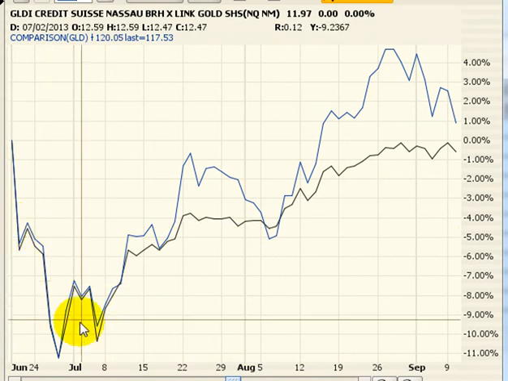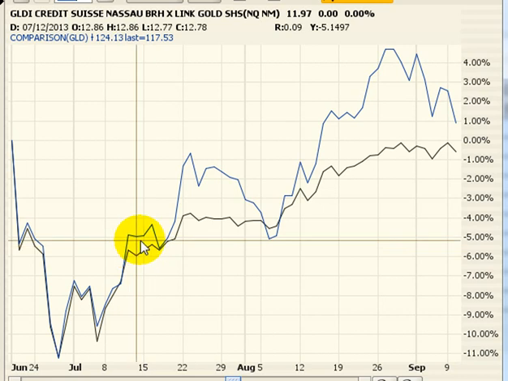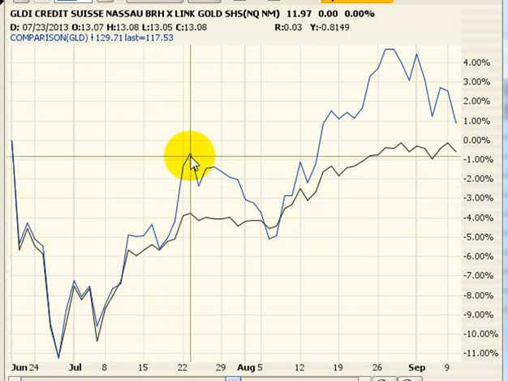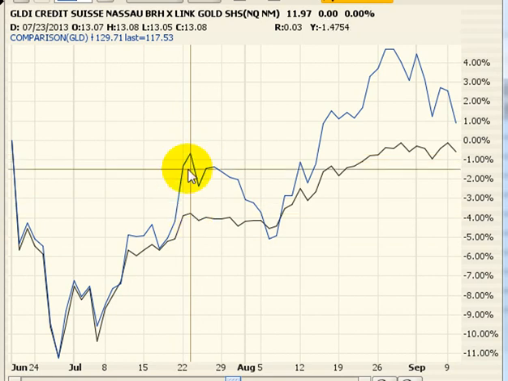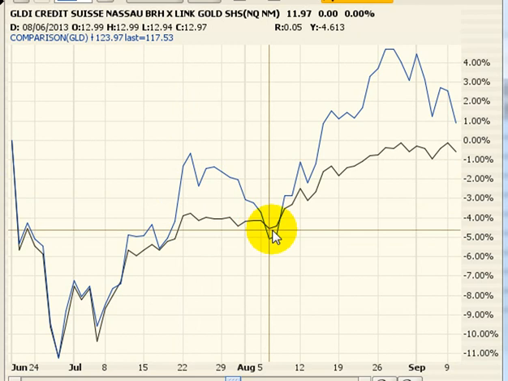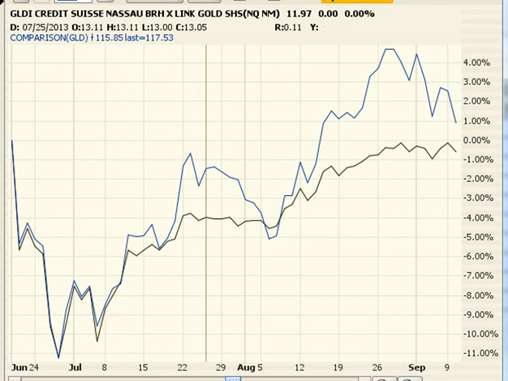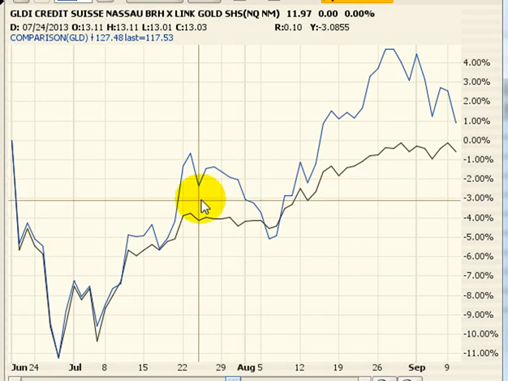So it's a one-to-one relationship, right? Tight coupling. Here you get a little spurt up, a little difference, and then here you get a larger one. And so the percentage in this case moves up about 3%. Then it fades back in. Remember it was jagged higher, so it spikes up, spikes down.